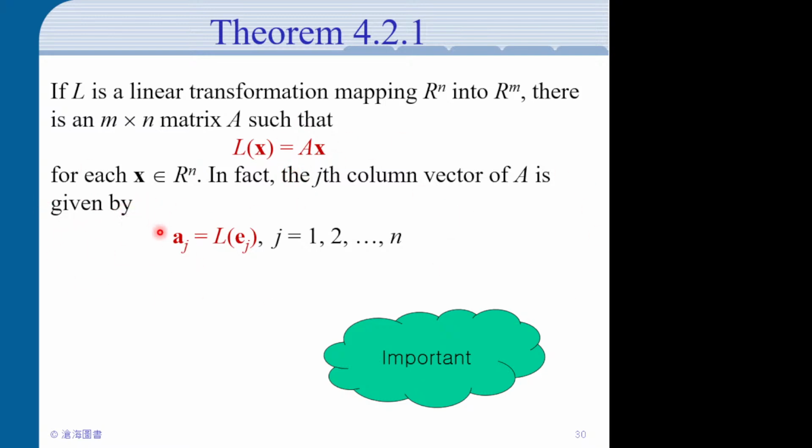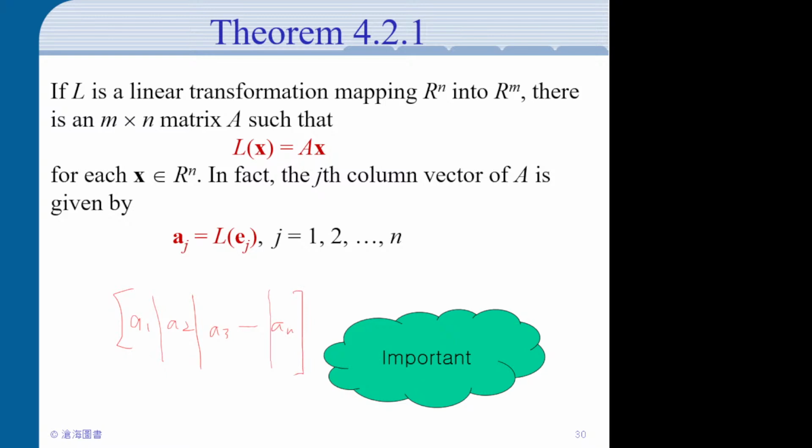And how you find the A is you can write A as columns, and actually every column of A is just whatever the basis elements of L got mapped into. So once again, here let's draw a big picture. Here we are thinking of A as columns, so we have the A1 column, A2 column, A3 column, all the way to the An column.